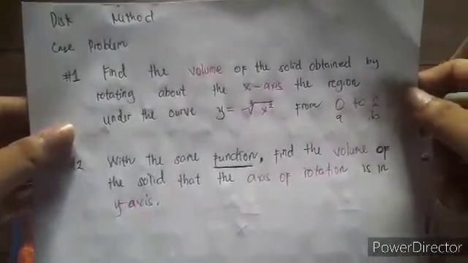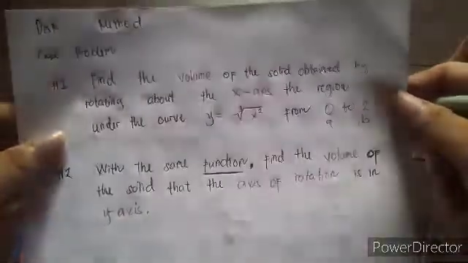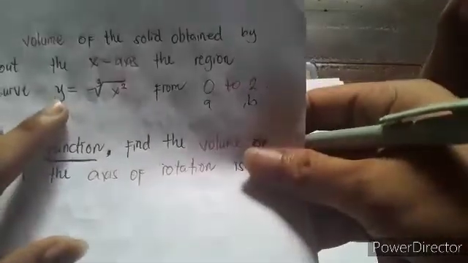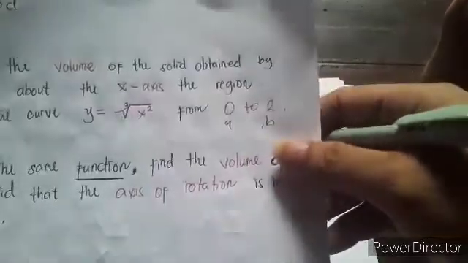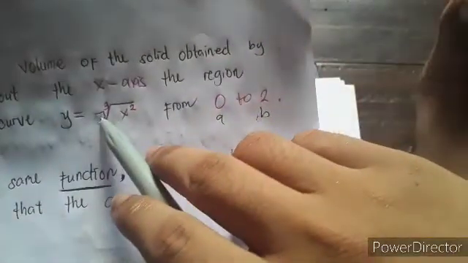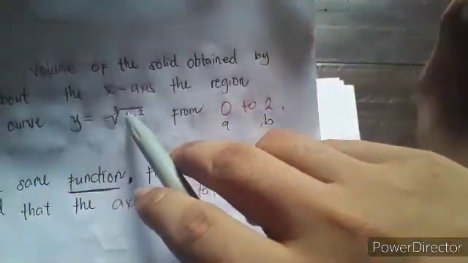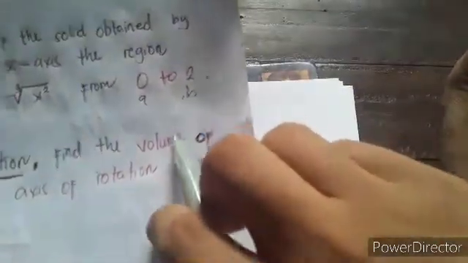Try to look at and analyze this. Let's substitute the value. Suppose y is equal to f of x. For now, f of x is the cube root of x squared, and 0 to 2 are our a and b.